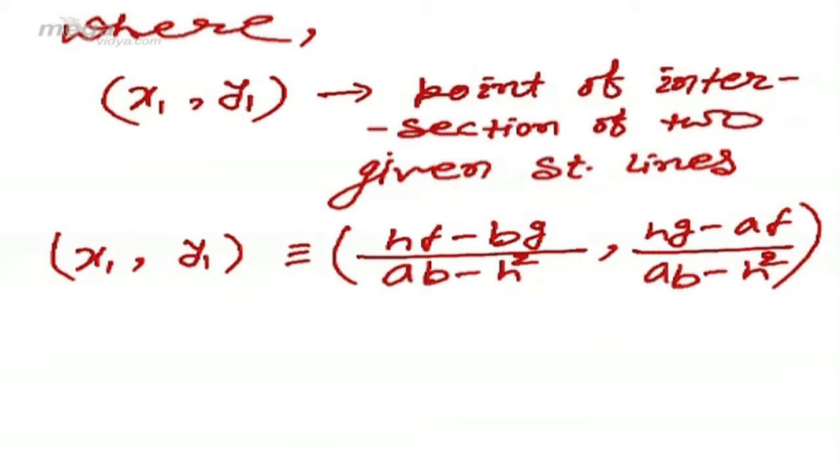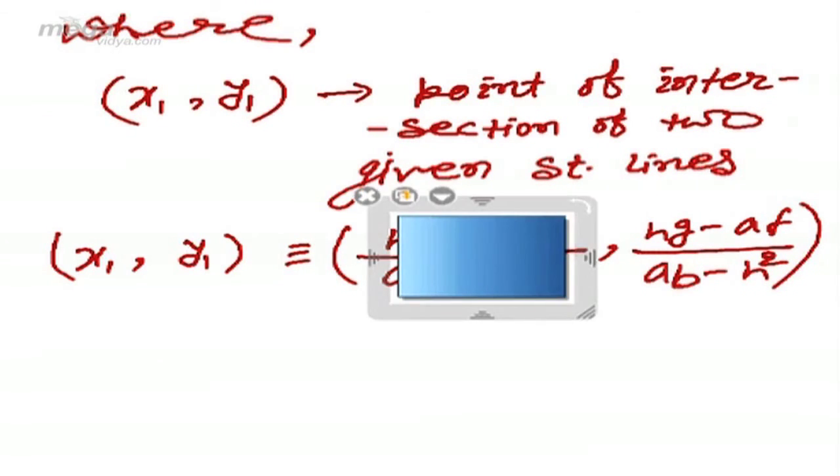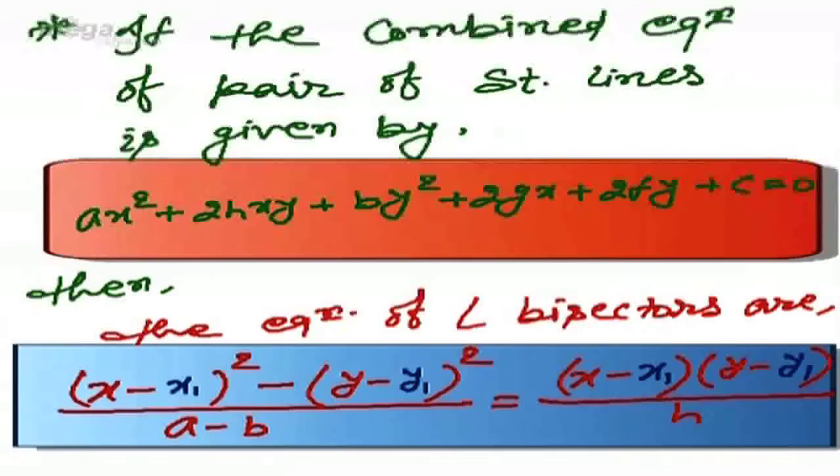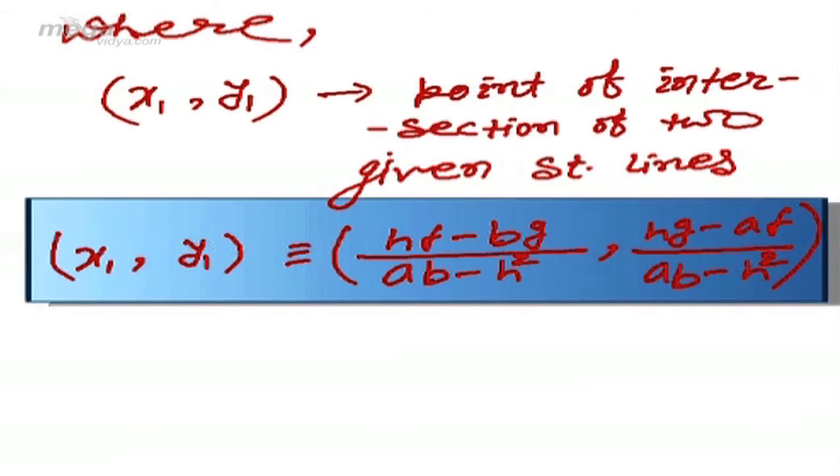So student, this is the point of intersection which you have to remember. If you remember this formula, then well and good. Otherwise, first of all factorize this equation and write it in the form of ax plus by plus c is equal to 0, and again the second line ax plus by plus c equal to 0. You will get two straight lines, solve those two to find the values of x1 and y1, or by using this formula directly you can find the point of intersection.